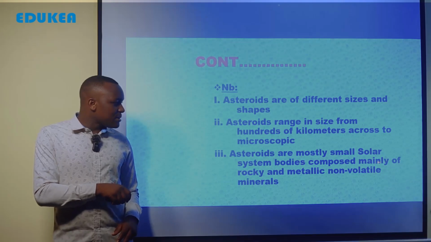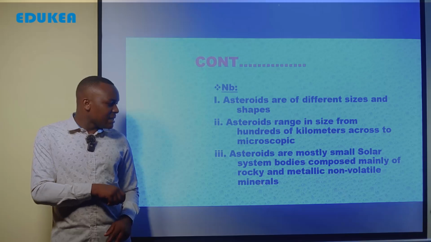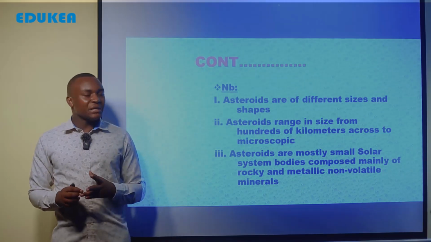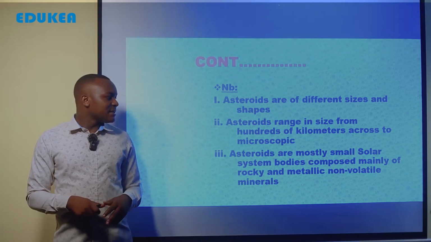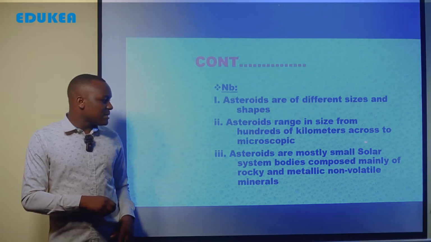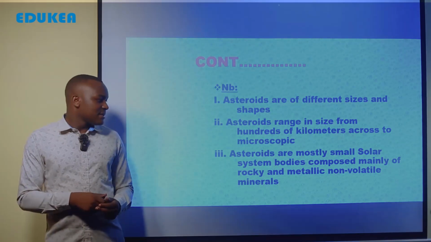Kwamba hizi asteroid, they are small in size, but they are found in the solar system. Katika solar system hizi ndo smallest bodies, lakini they are mainly composed of rock and metallic non-volatile minerals.